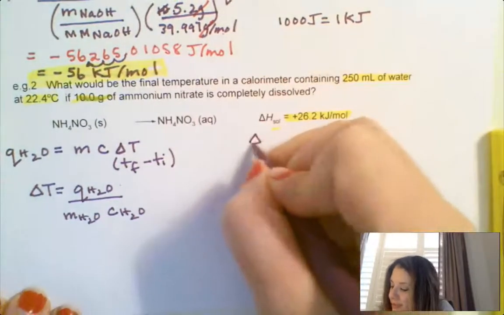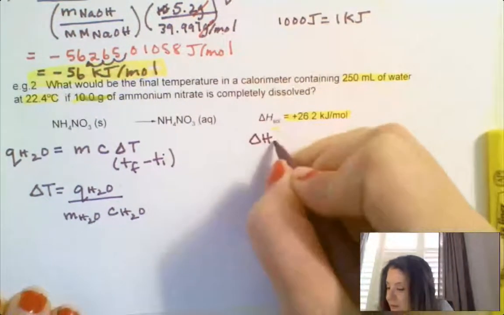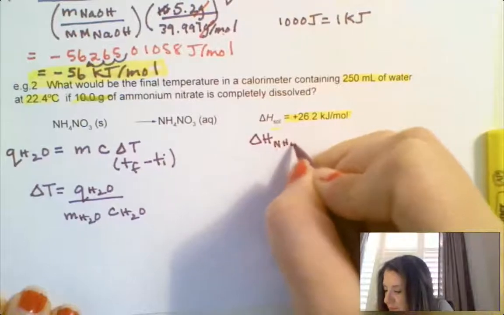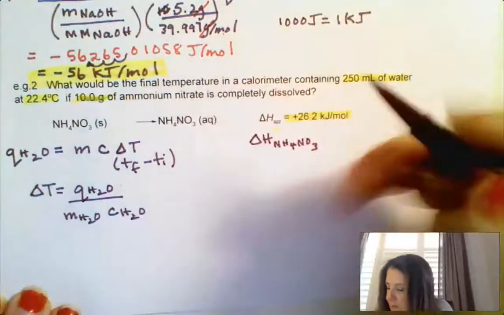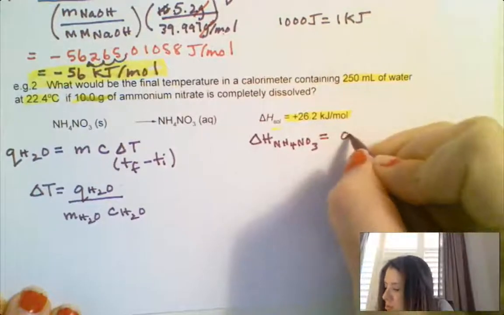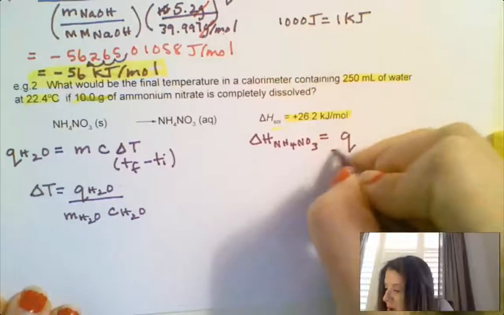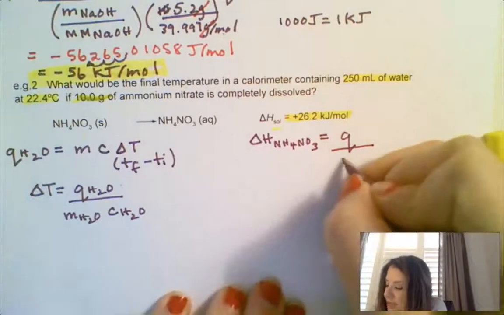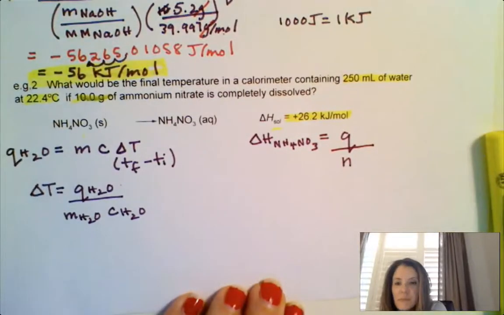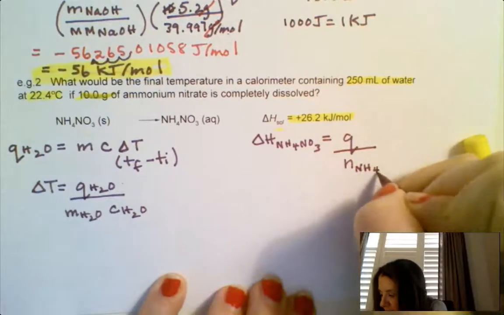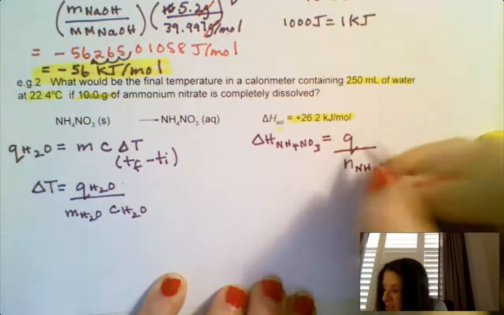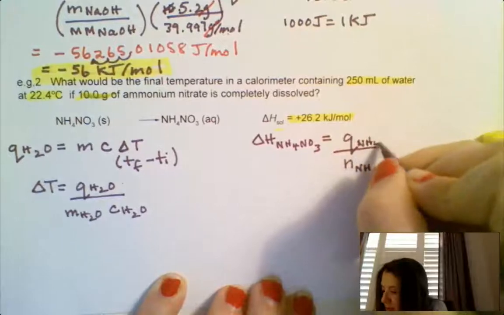I do know that delta H of solution for ammonium nitrate, okay, so that's what I'm looking for, would be equal to Q all over n. And this n would be for ammonium nitrate, and this Q would be for ammonium nitrate.